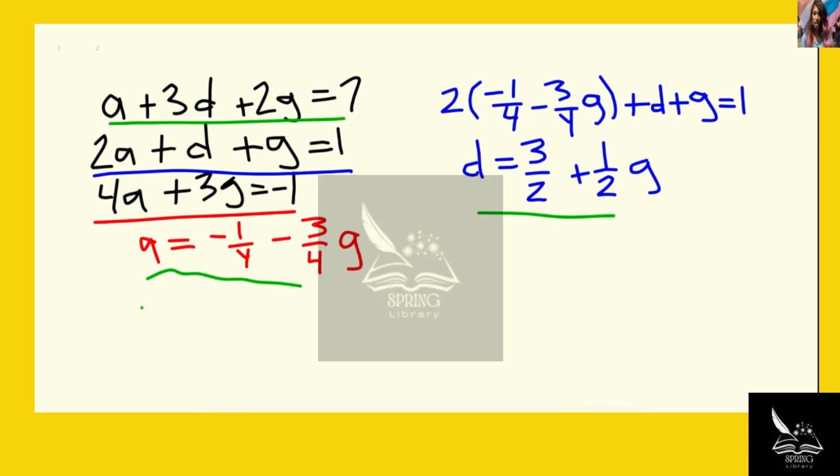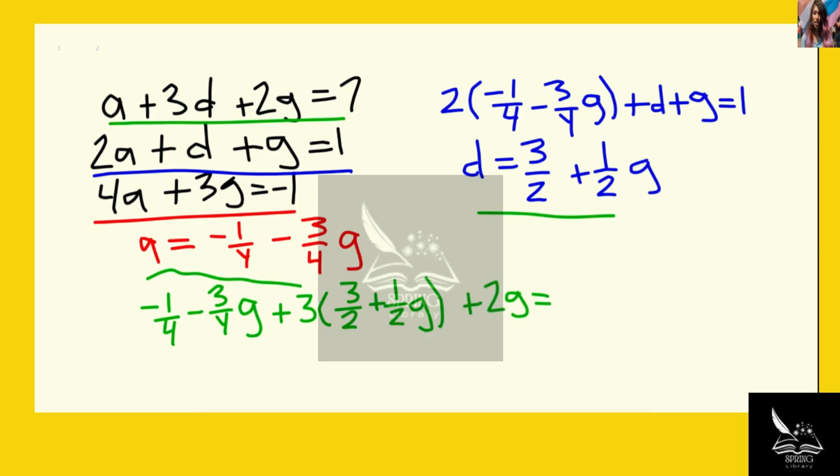Right, so that's going to look like -1/4 minus 3/4 G plus 3 times what we found for D. So that's going to be 3/2 plus 1/2 G plus 2G is equal to 7.